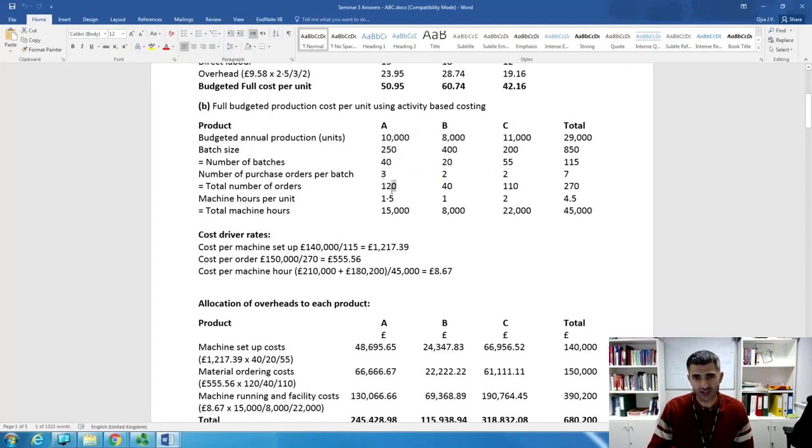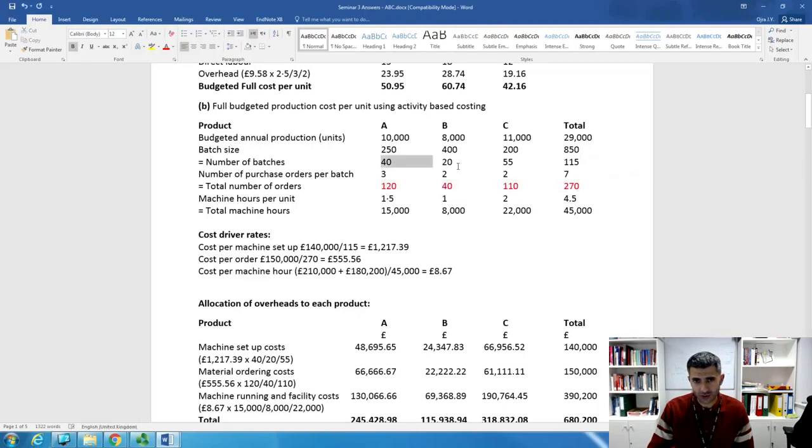So we've got here number of orders, which is 120 orders. So far for A, 120, 40, 110, that's 270. So far 270 orders. This is the important part here.